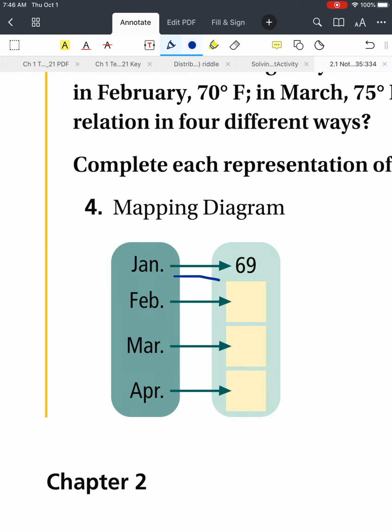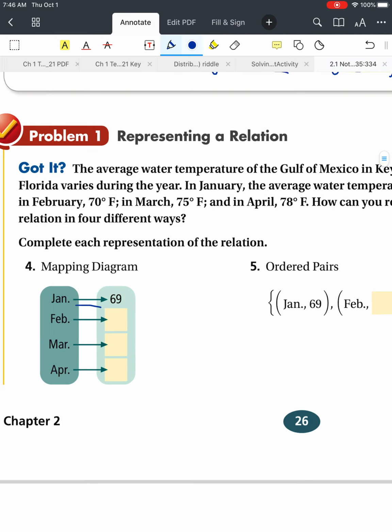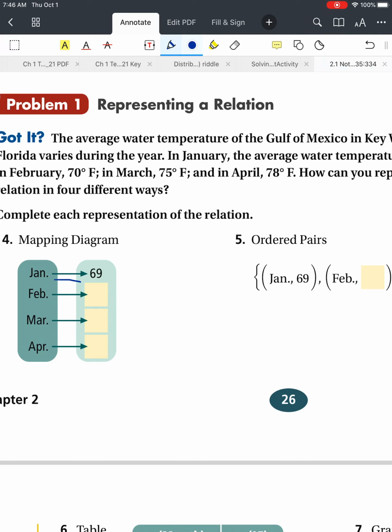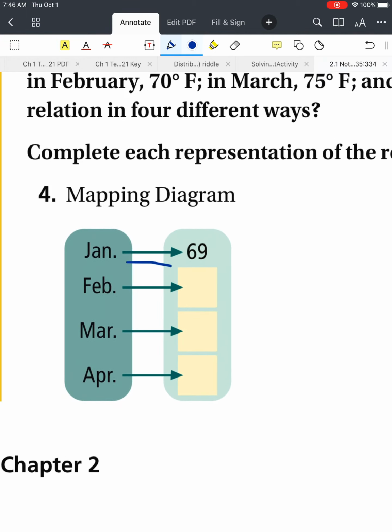So January, arrow 69, because the January and 69 went together. Sometimes I might say get sent to. So February, okay, these are all the inputs here, and these are all the outputs here.